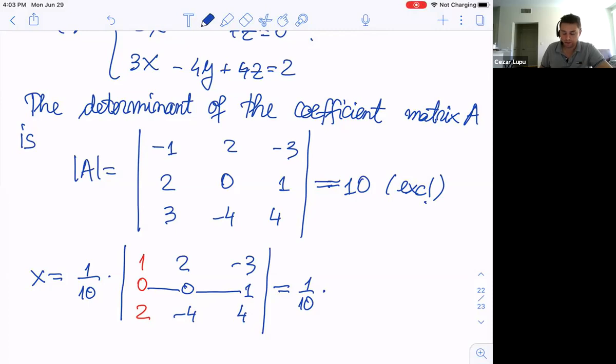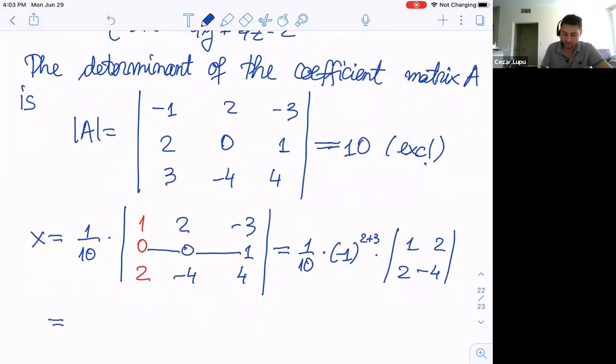This position is row 2, column 3, so it will be -1 to the power 2 plus 3, which is -1, times the determinant of the matrix 1, 2, 2, -4. So this will be 1 over 10 times -1 times this determinant, 1, 2, 2, negative 4. After we do all these computations, this will be 4 over 5.